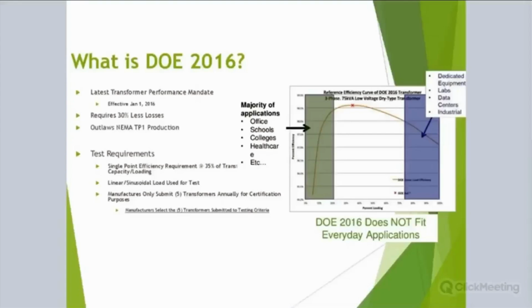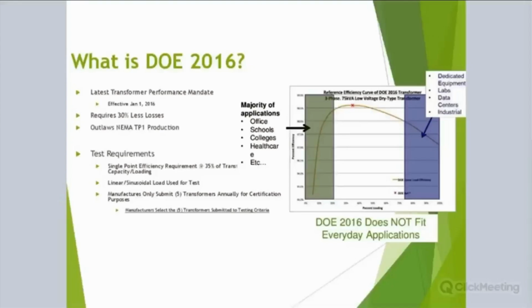One of the points is that now they test a single point on the transformer for efficiency. They load a transformer to 35% of its rated capacity with a linear load, which is a non-electronic, 100% resistive linear load, at 35% load, and they record its efficiency.